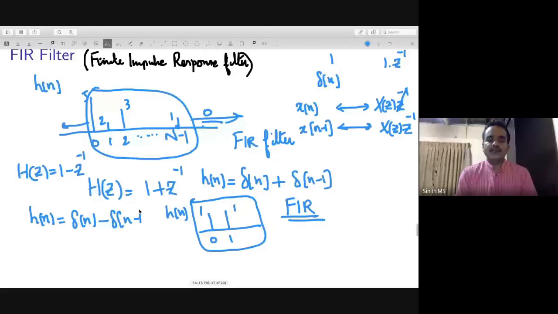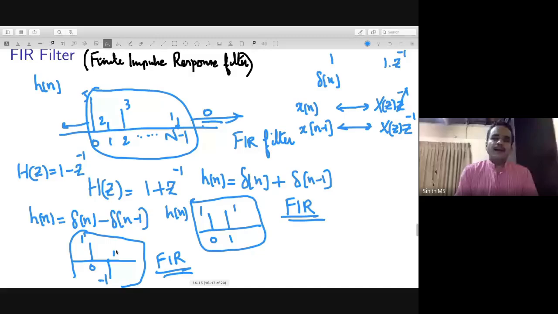If you plot h[n], at 0 you have a value of 1, and at 1 you have a value of minus 1, that is, minus 1 times delta[n minus 1]. So this is also finite, so this is also an FIR filter.